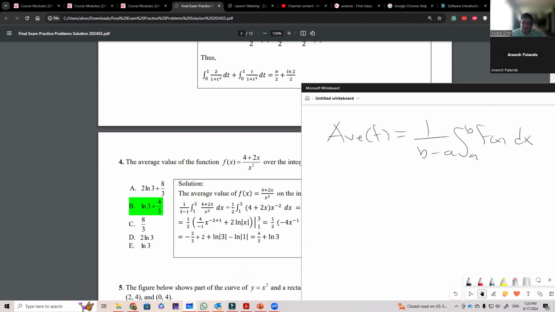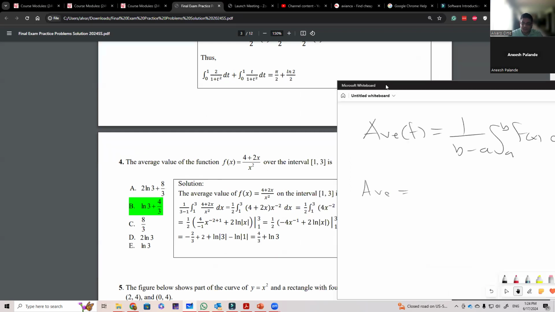And so if you're talking about the average value of this function over the interval 1 to 3, then this is just 1 over 3 minus 1, integral from 1 to 3 of 4 plus 2x over x squared dx.